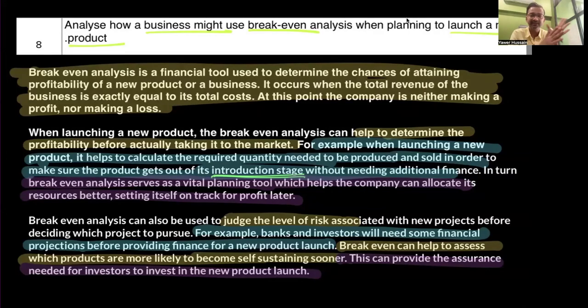Just want to show you the importance of using business words, the importance of the right structure, the fact that you should be able to identify this is the knowledge part, again a bit of knowledge here, application, and then analysis. Same thing here: knowledge, application, analysis. You do all of this, then you're able to answer a full 8 marker properly.